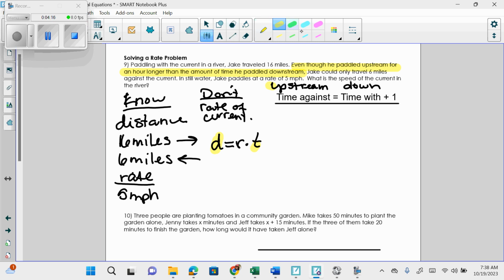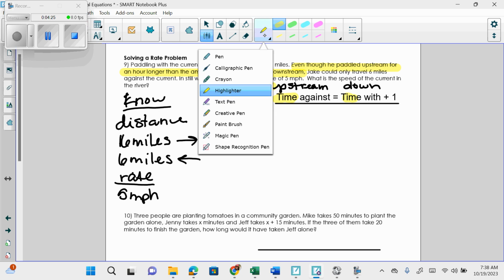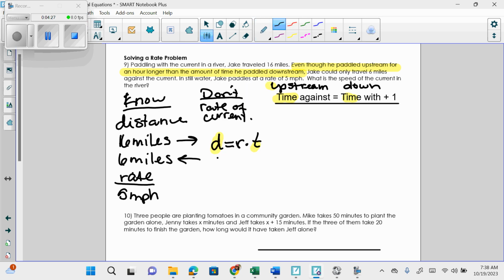To make this easier, since our equation is set up with respect to time, the time against the current and the time with the current, I'm going to take this equation and solve it for time. So let's start with the time against the current.